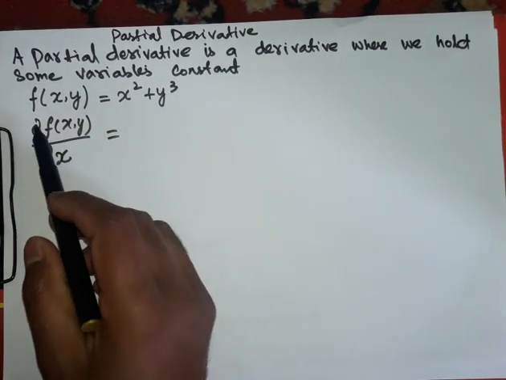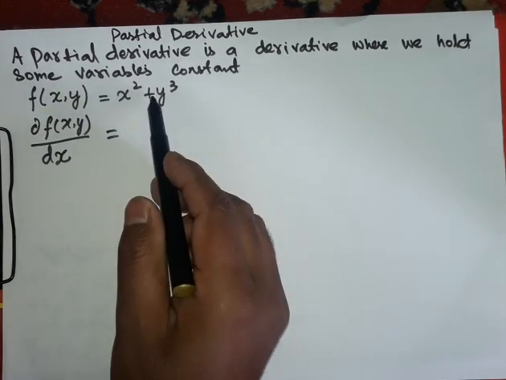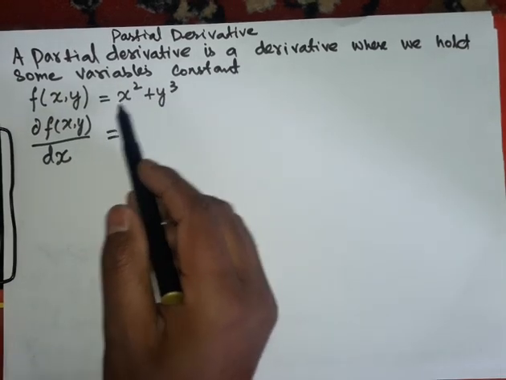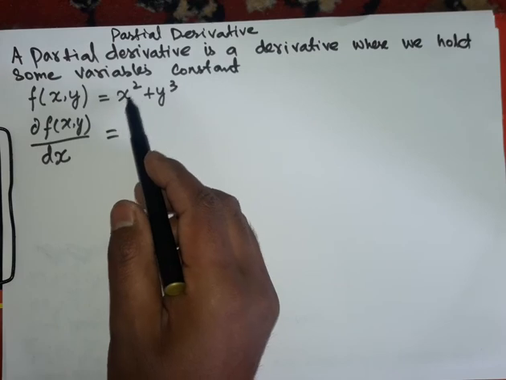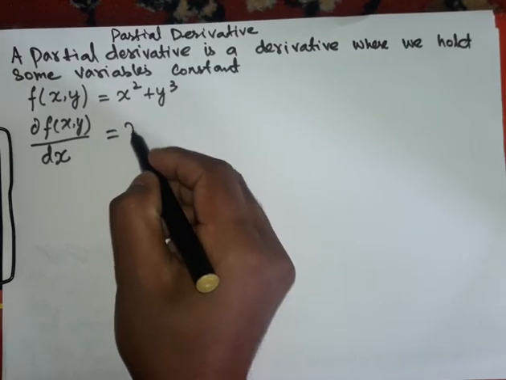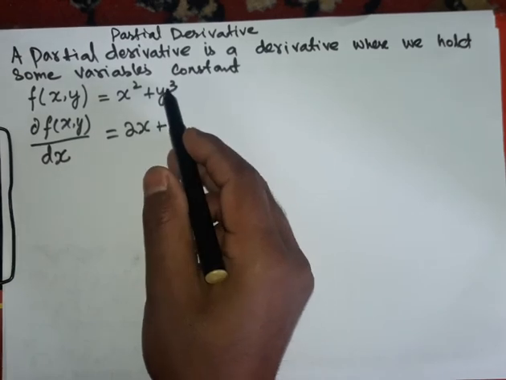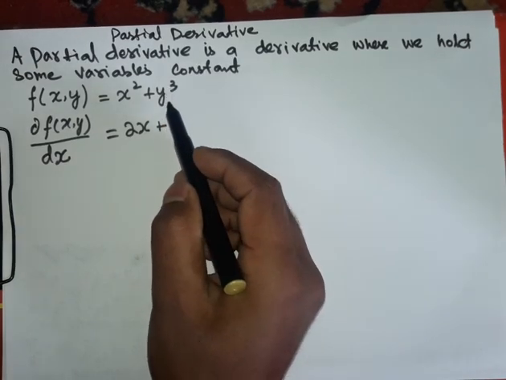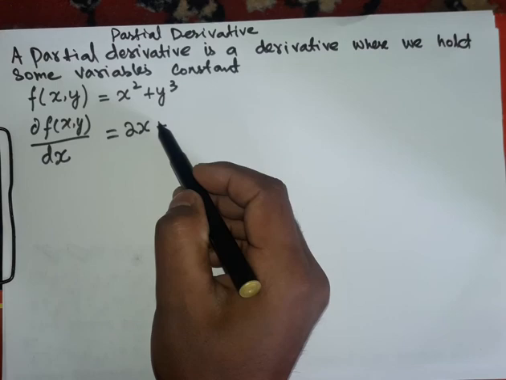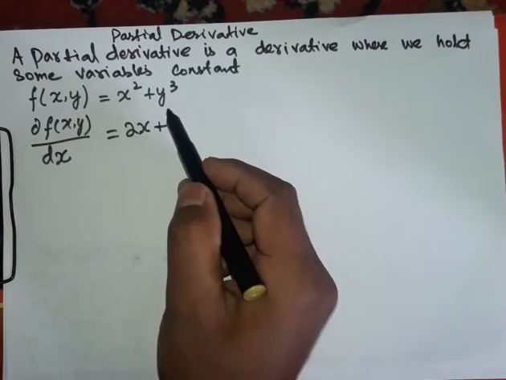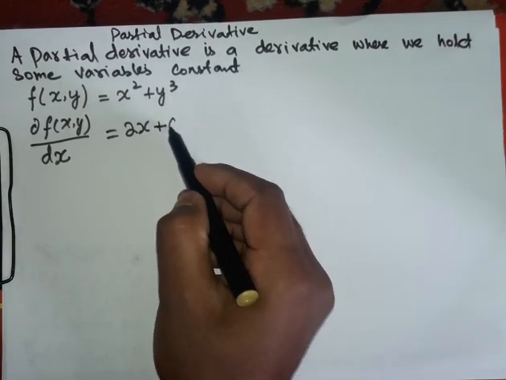That is, we are partially differentiating this function with respect to x. Now the derivative of x square is 2x. Since in this term there is no x, it is treated as a constant. As we know, the derivative of a constant is 0.